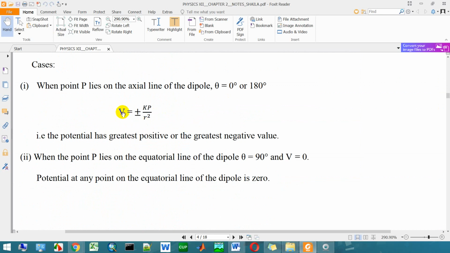So in that case, V is plus or minus Kp upon r square. That is, the potential has the greatest positive or the greatest negative value.